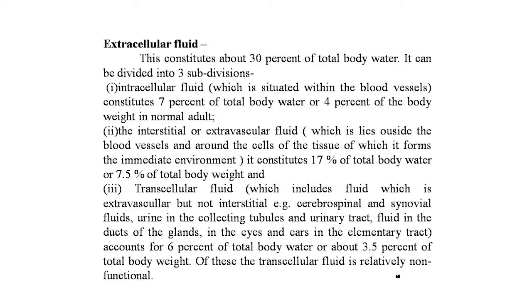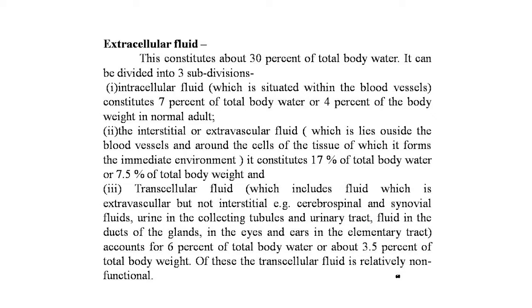Now the extracellular fluid constitutes about 30% of the body water. It can be divided into three subdivisions. First, the intravascular fluid, which is situated within the blood vessels, constitutes 7% of the total body water and 4% of the body weight in the normal adult. Second subdivision is the interstitial or extravascular fluid, which lies outside the blood vessels and around the cells of the tissue, of which it forms the immediate environment. It constitutes 70% of the body water or 7.5% of the total body weight.